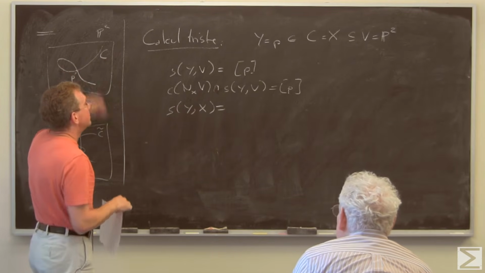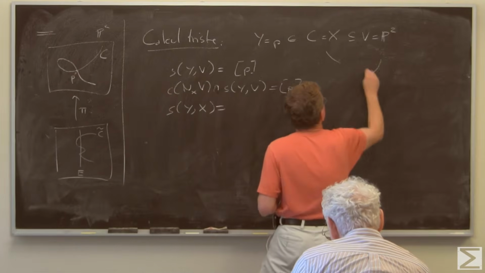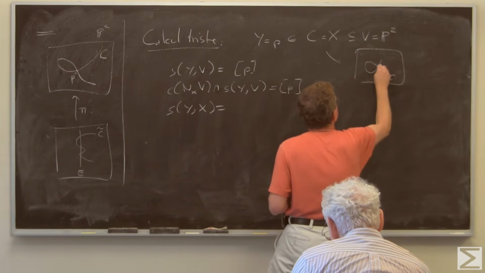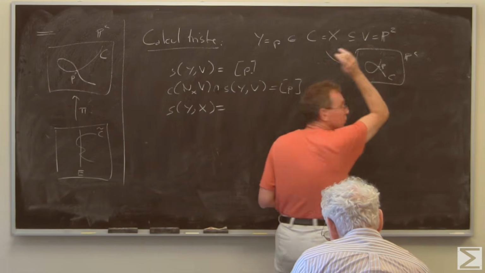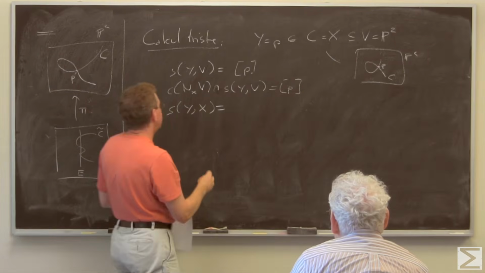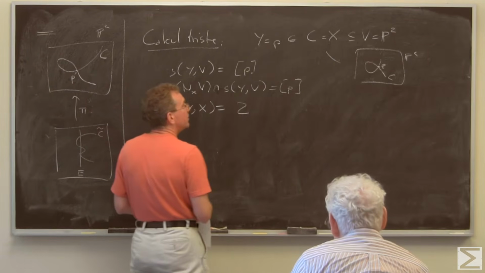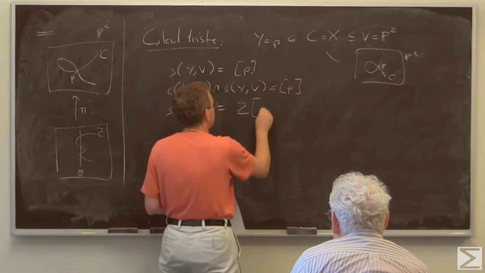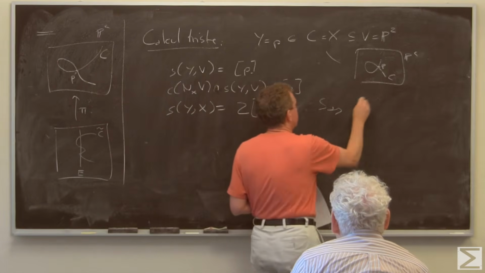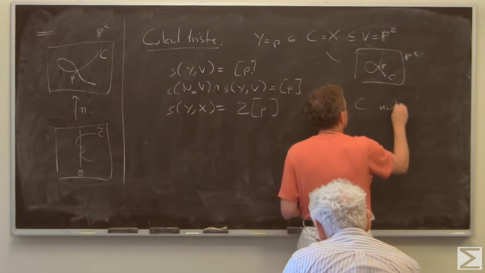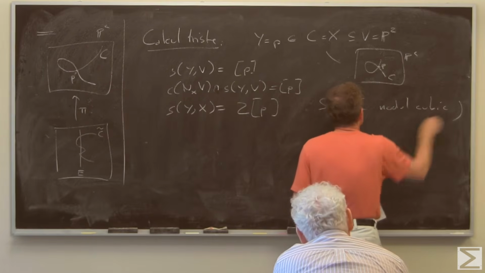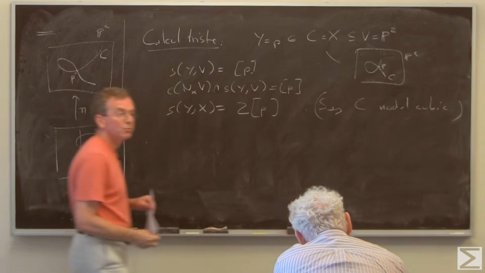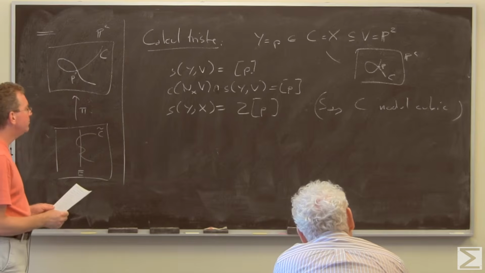For this guy, say this is a nodal cubic if you want. That would be the multiplicity of the curve at the point, maybe 2 times p. Just make up an example in which the multiplicity is not 1. Isn't that a problem?